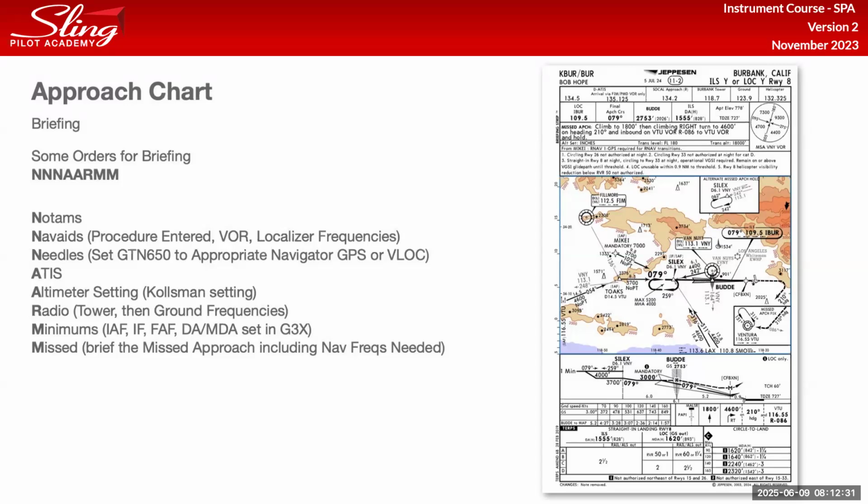I don't know, because in my opinion, you're on the ground, you shouldn't need this. You're reading it before you get into the airplane, briefing the whole approach plate on the ground. When you're in the air, this is what you use as a shorthand version or memory aid, so you don't forget anything.